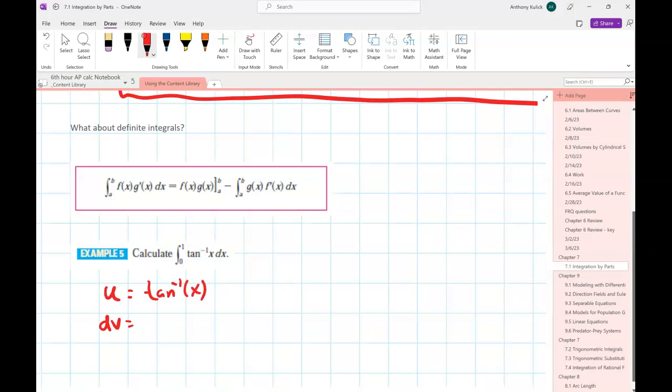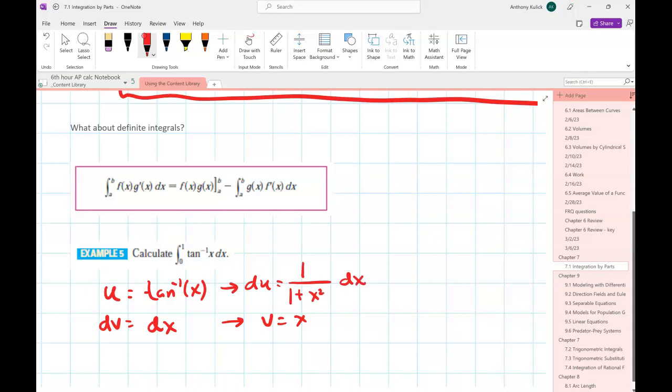We're not doing u sub here. So dv has to just be dx. So what's v? x. And what's du? One over 1 plus x squared dx.